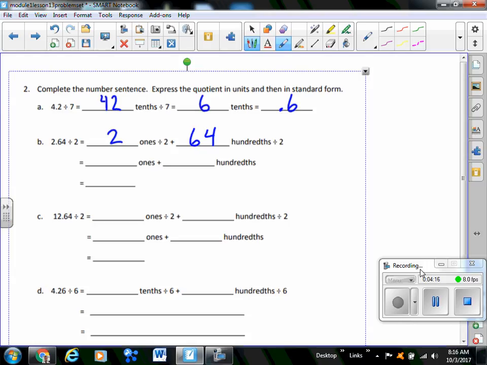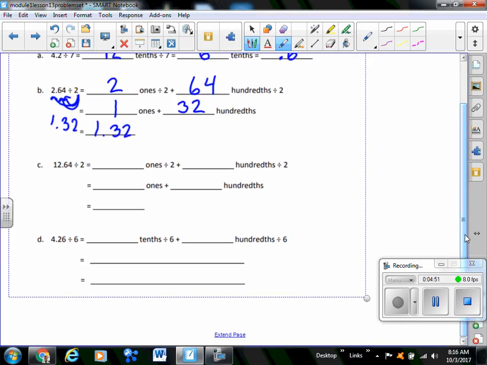Now if we divide that by 2, 2 goes into 2 one time, 2 goes into 64 32 times, and if we want to equal that, we would get 1 and 32 hundredths. If you're confused by what I just did, here's my 2. 2 goes into 2 once, 2 goes into 6 3, 2 goes into 4 twice. Okay?